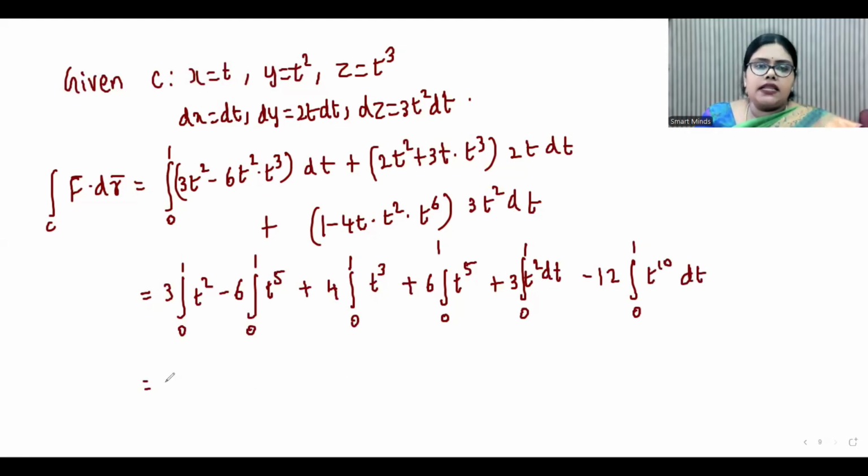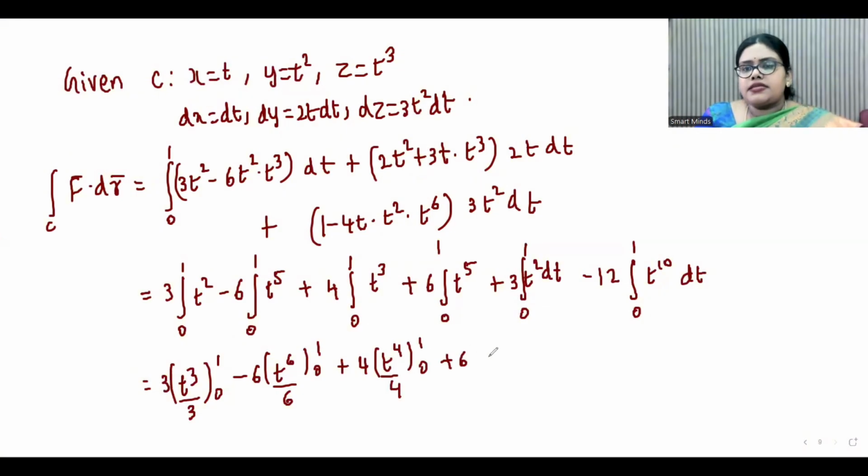So that is 3 t cube by 3 from 0 to 1 minus 6 t power 6 by 6 from 0 to 1 plus 4 t power 4 by 4 from 0 to 1 plus 6 t power 6 by 6 from 0 to 1 plus 3 t cube by 3 from 0 to 1 minus 12 t power 11 by 11.